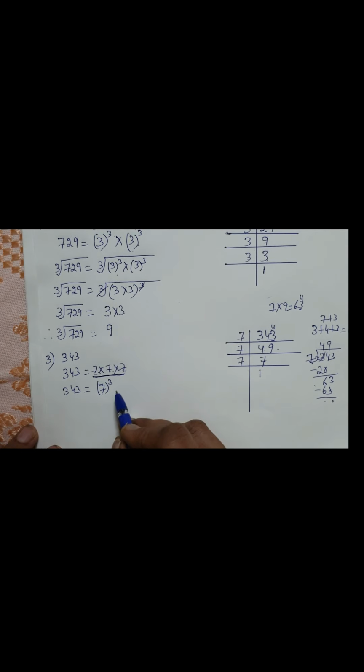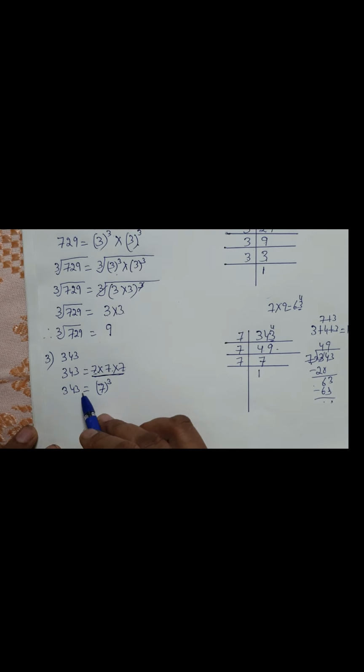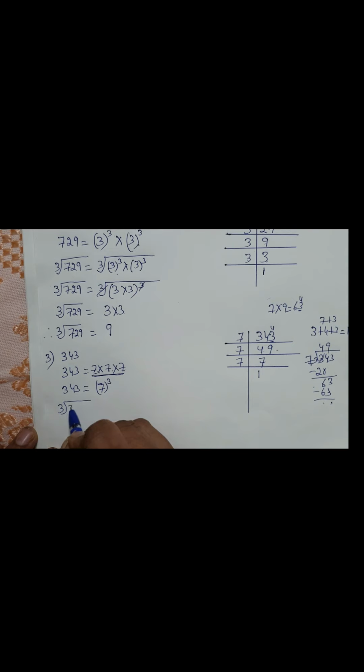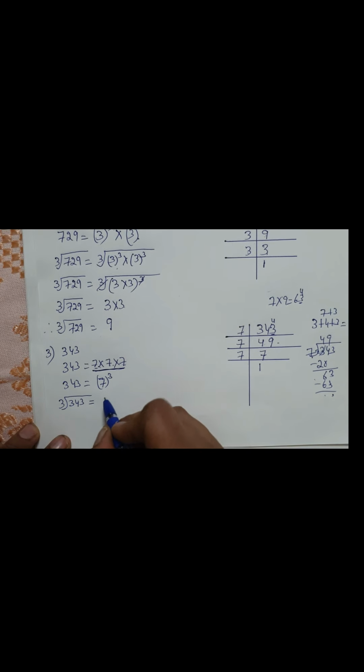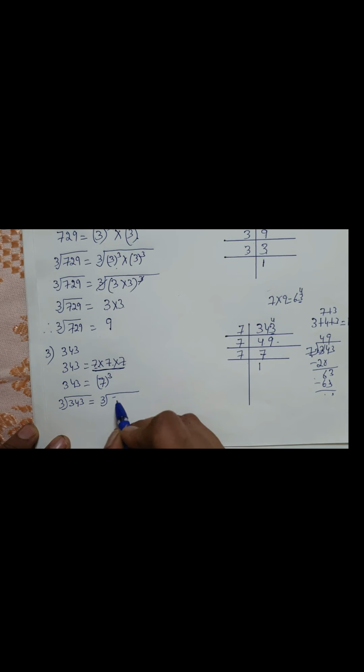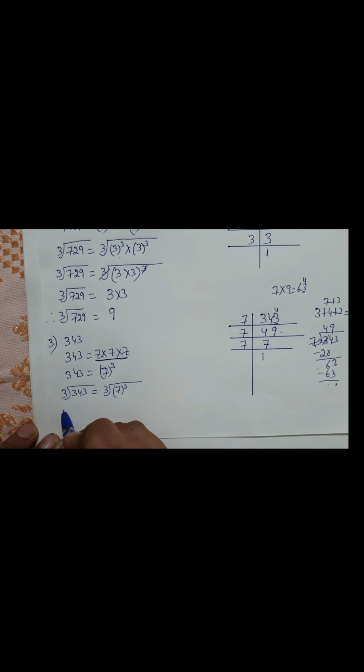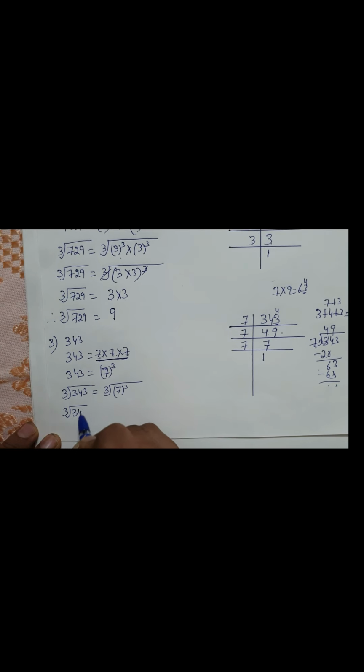Now we have to find the cube root of 343. Our question is what? Find the cube root. So we will put the cube root and this radical sign, 343 inside, and again the cube root and radical sign with this number inside the bracket with the cube. Again the cube root and radical sign 343.